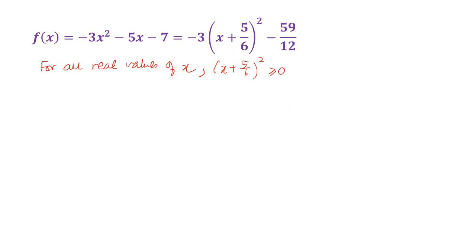And what can we say if we multiply it with a negative 3? Will it still be always positive? No, right? A positive number, if you multiply with a negative, will give you a negative. So in this case, your negative 3 (x plus 5 over 6) squared will become less than or equal to 0.